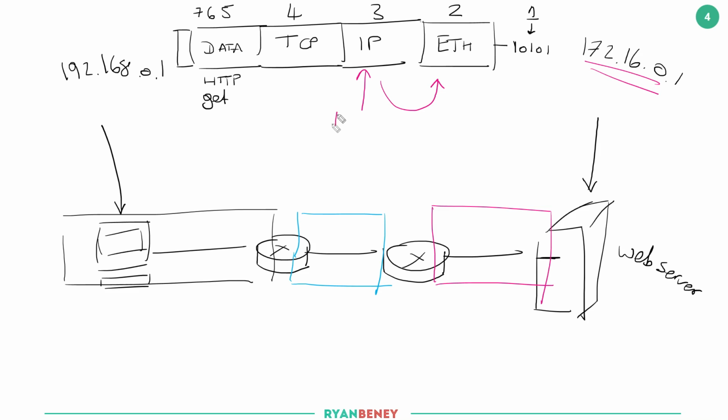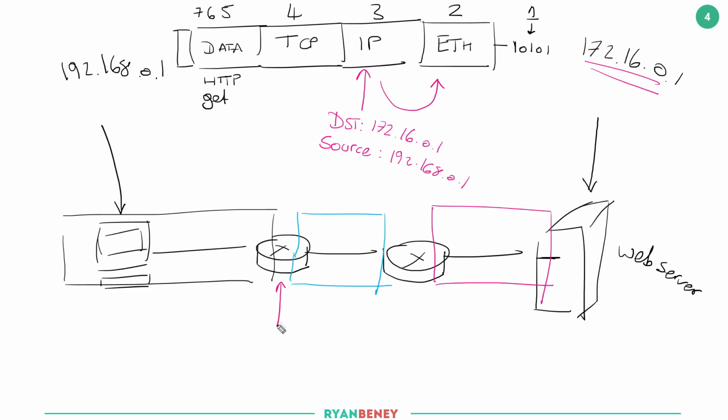So if you think about the IP header itself, if we blew that up and looked inside, we'd have a destination of 172.16.0.1, and a source of 192.168.0.1. Now throughout each of these hops, if you like, the source and destination IP is not changed. The only time this is changed is for a couple of reasons.